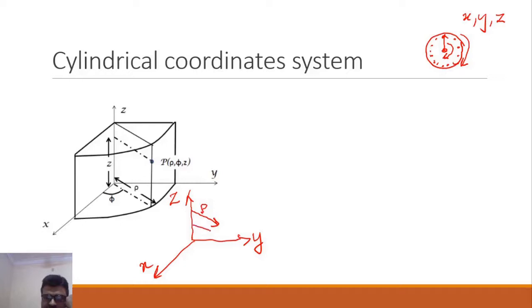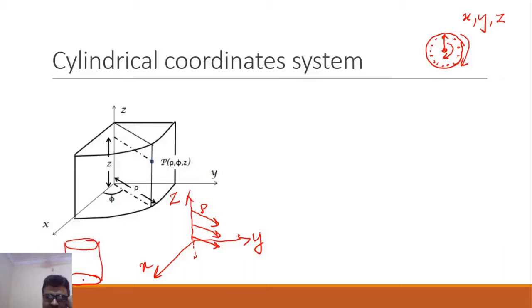This radius will always be perpendicular from the z-axis. Why? Because to make a cylinder we have two circles, one top circle and one bottom circle, and these two circles are connected with a curved surface.